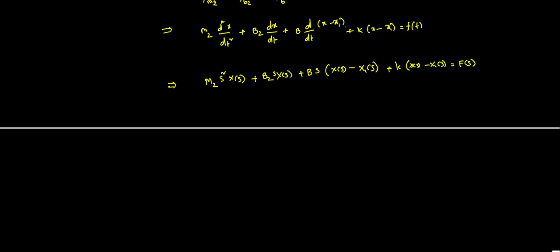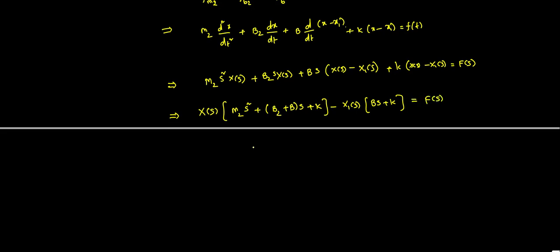Now what you will get is, taking x of s common, x of s into m2 s square plus b2 plus b into s plus k, minus x1 of s, if you take common x1 of s, that will become bs plus k, is equal to f of s. So our main intention was to find out the transfer function.